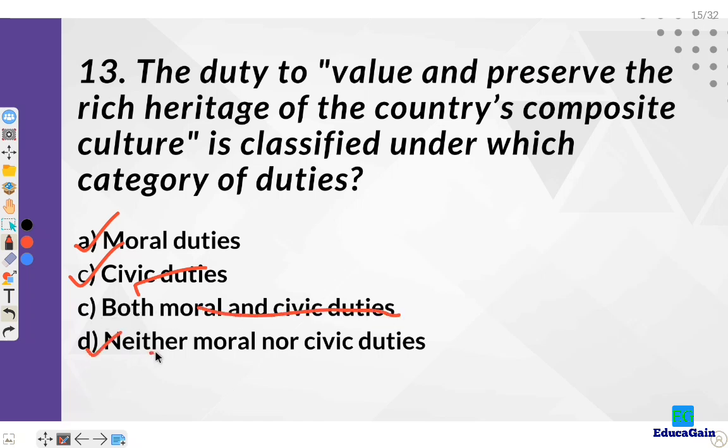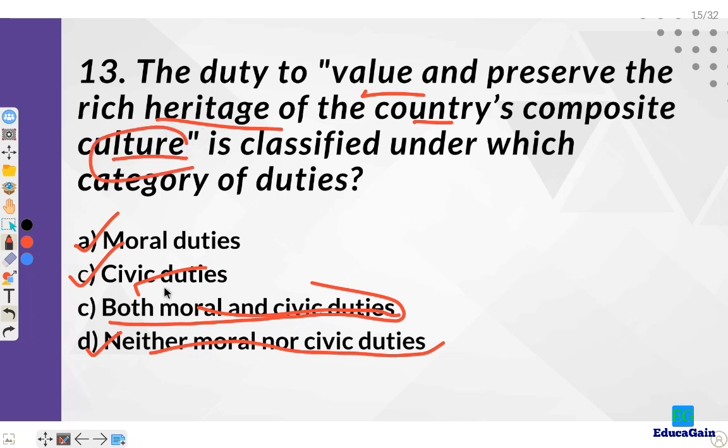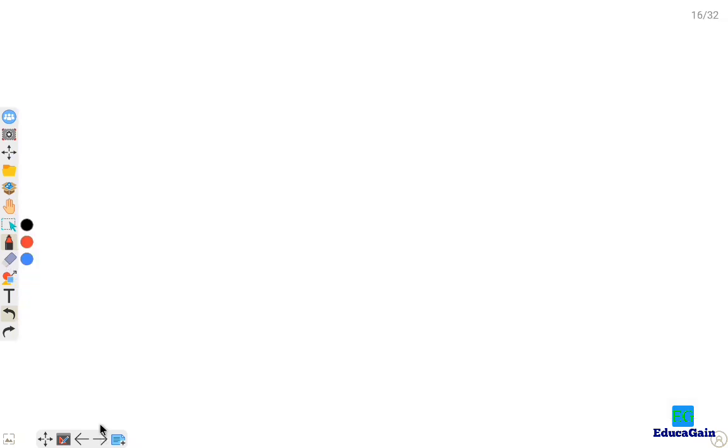D, neither moral nor civic duties. The correct answer is both moral and civic duties. To value and preserve the rich heritage of the country's composite culture, this is both moral and civic duties.